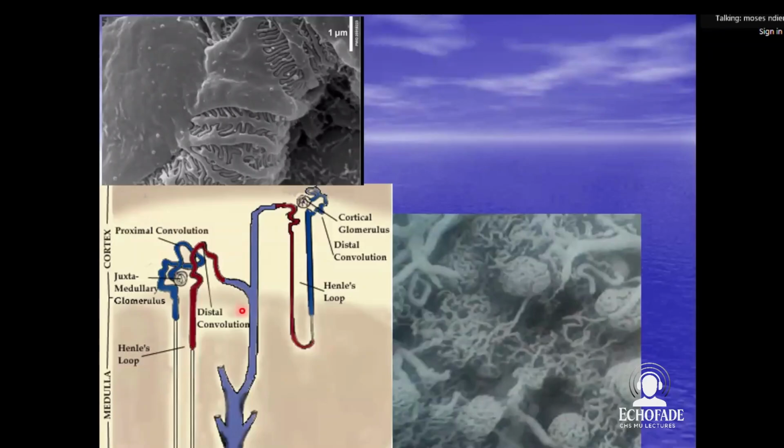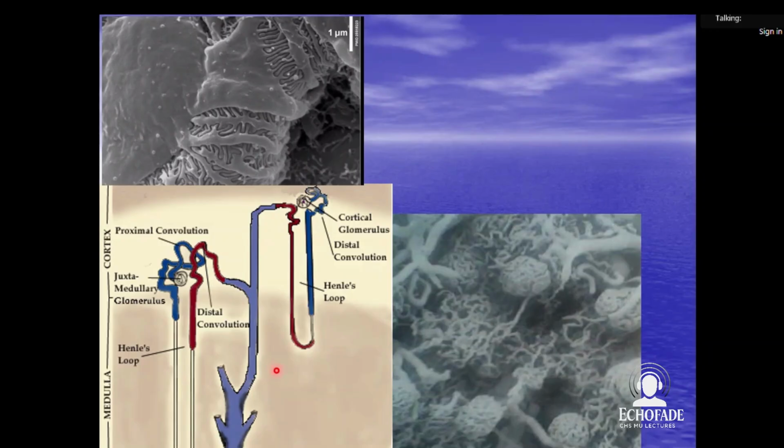The other component that we have is the collecting ducts, and the collecting ducts are the arcuate collecting ducts, forming something like an arch. These then go into the intermediate collecting ducts, and at the lower end, the papillary collecting ducts.